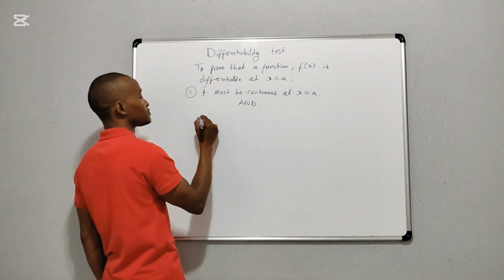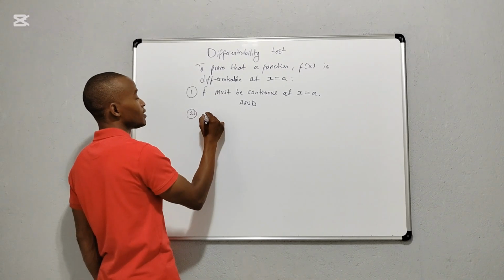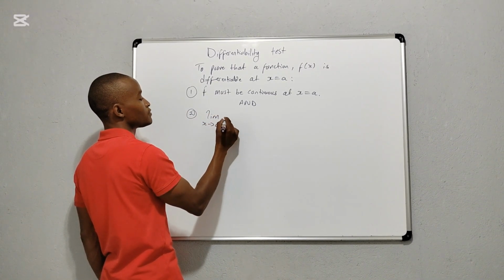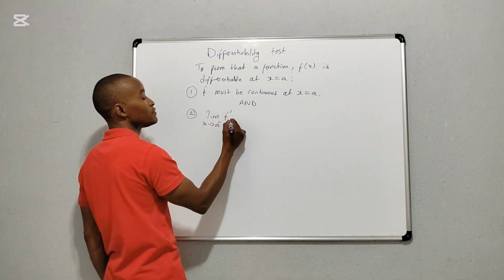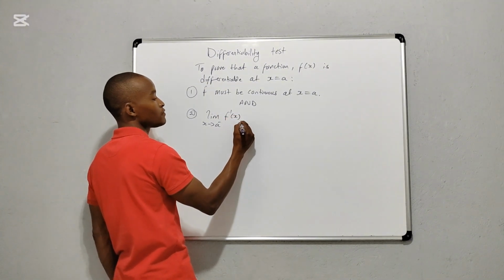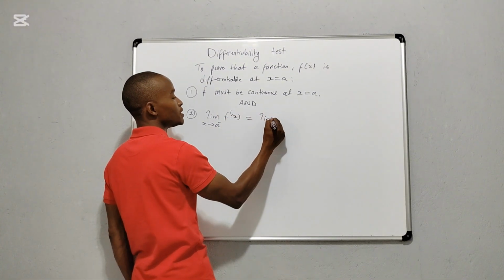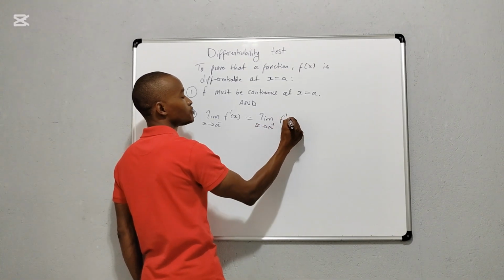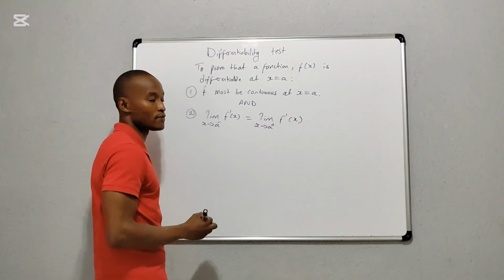And the limit as x approaches a from the left of the derivative of f must be equal to the limit as x approaches a from the right of the derivative of f.